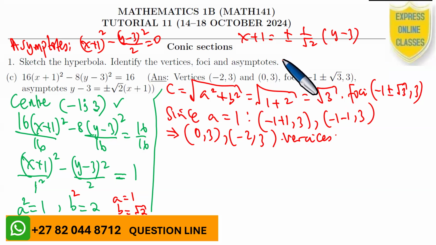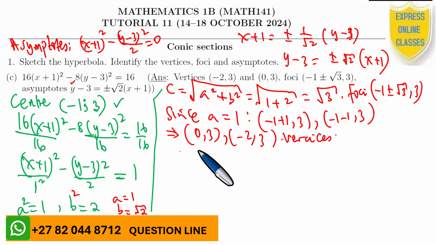But as we said already, we always make y the subject. In this case, for the asymptotes, they can see it's y minus 3, but they make y the subject. So which means that you're going to have y minus 3 equal to plus or minus the square root of 2 times x plus 1.